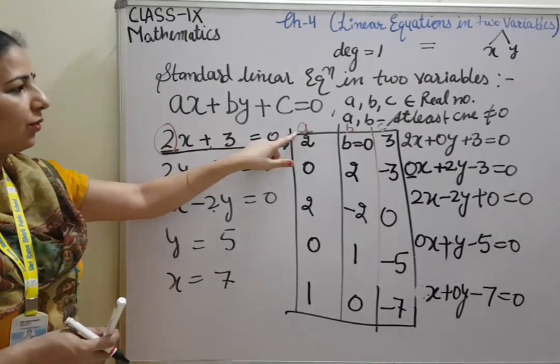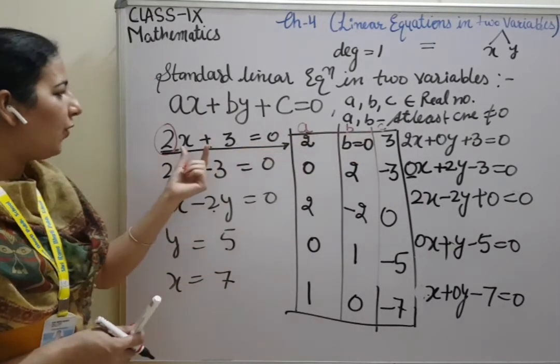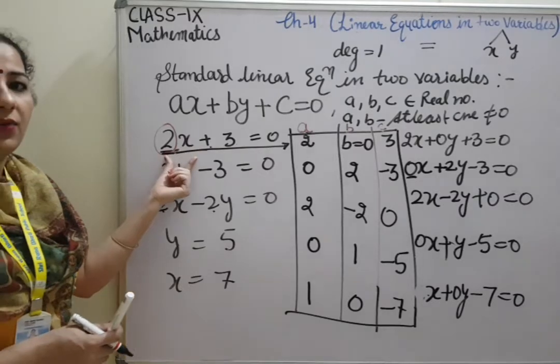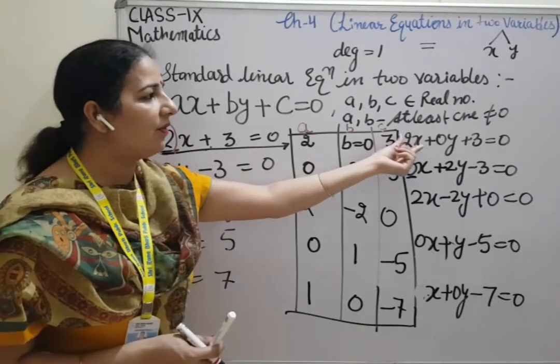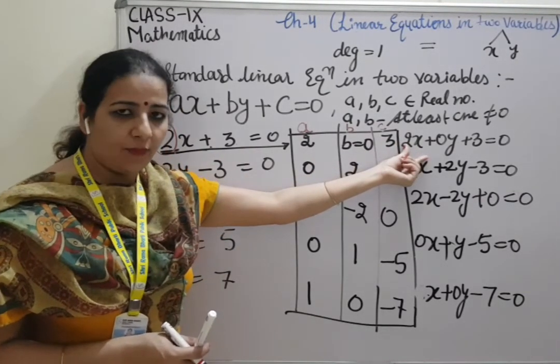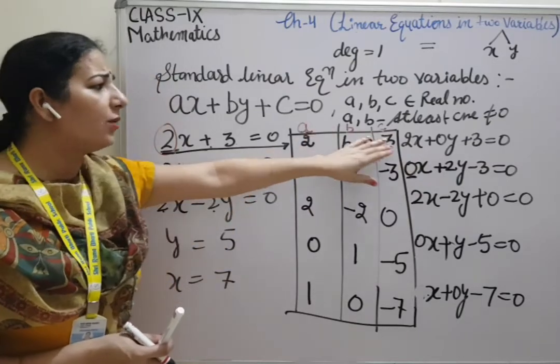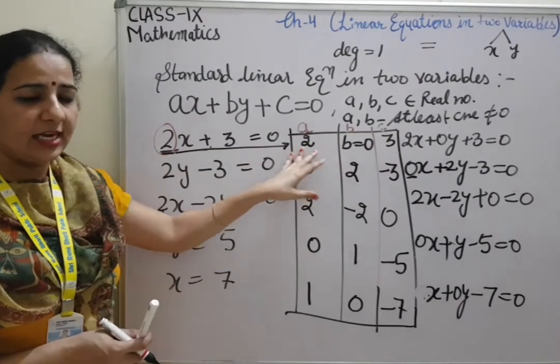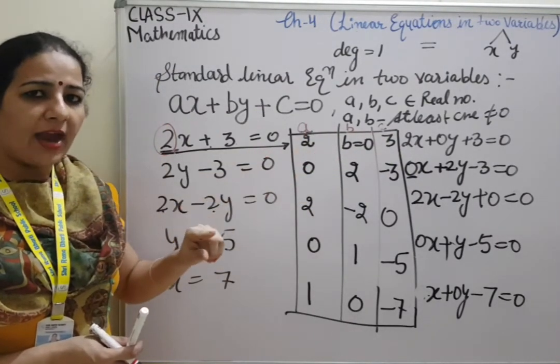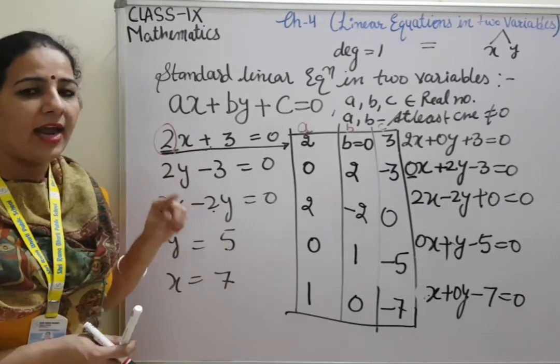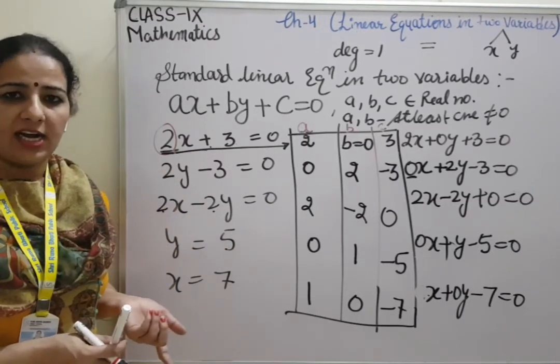So how will you calculate the values of A, B, C? First reduce the given equation in standard form. After that calculate the values of A, B and C. A means coefficient of x, B means coefficient of y and C means the constant part.